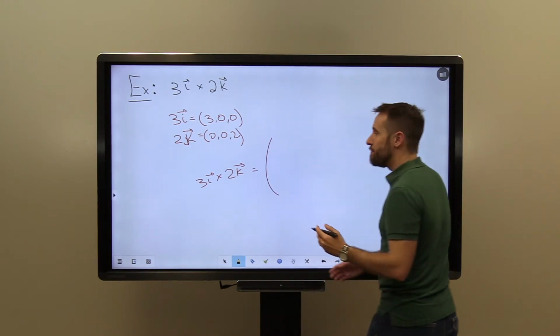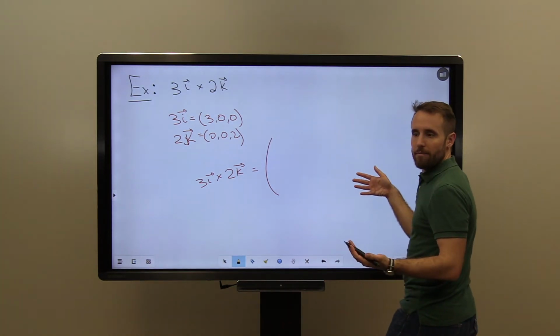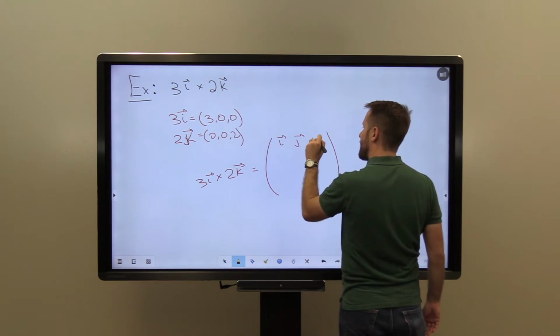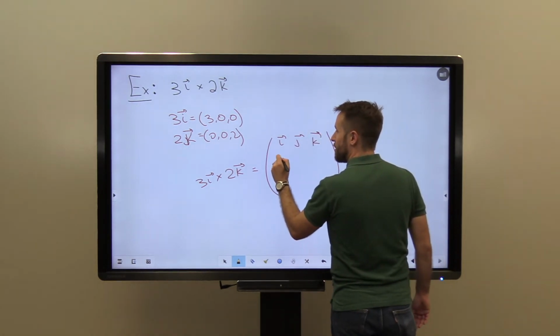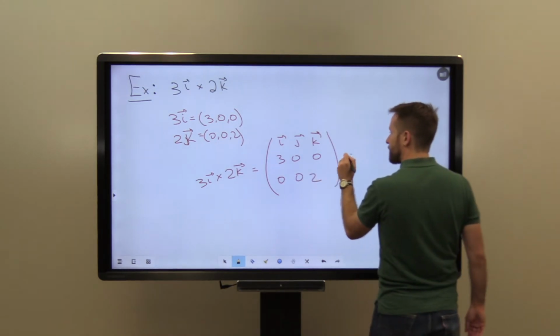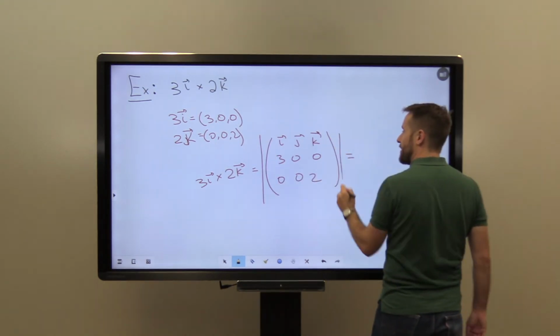I'm going to set up this big matrix. I could take i, j, k across the top, then 3, 0, 0, and 0, 0, 2. And then I would take the determinant of this.